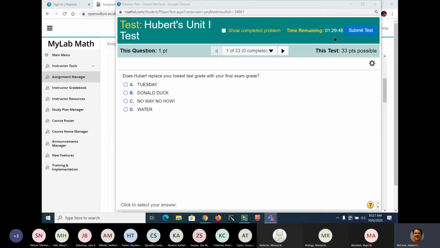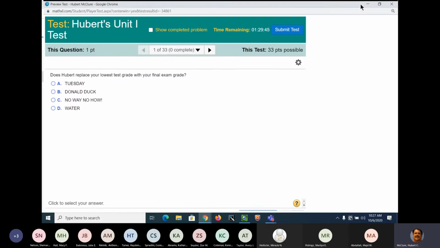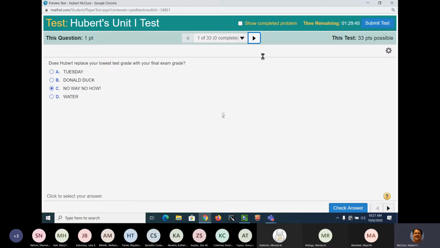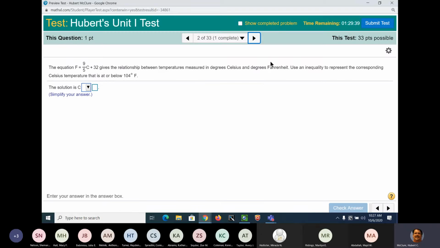All right, so here we go, bonus question. And that's going to be no way, no how. I don't know how much I'll cover today, but the equation 9/5 C plus 32 gives a relationship between Celsius and degrees Fahrenheit.